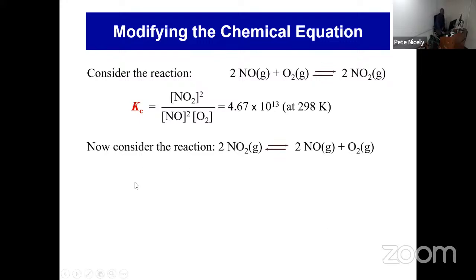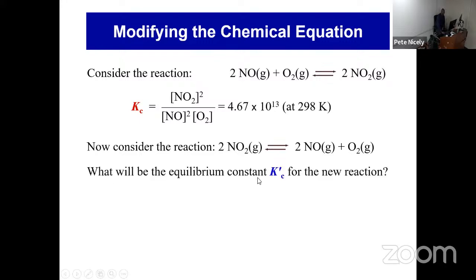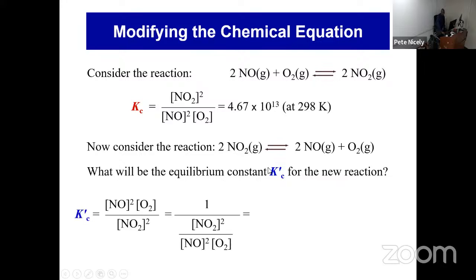So what we're going to do is call the new Kc value K prime c to distinguish it from the original Kc value. If I were to write down the Kc for this new equation, it would be the concentration of NO squared times the concentration of O2 divided by the concentration of NO2 squared.